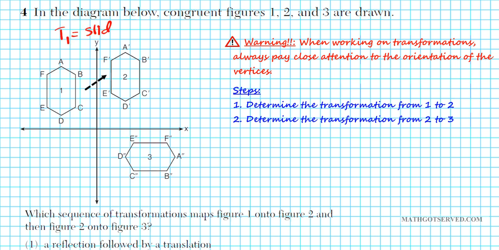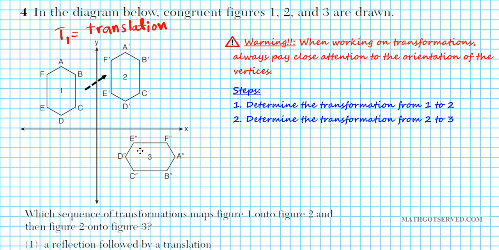What is a slide? What kind of transformation is that? A slide is a translation. Okay, so the formal term for slide is a translation. Okay, now let's take a look at figure 3. From 2 to 3, is it just a slide?